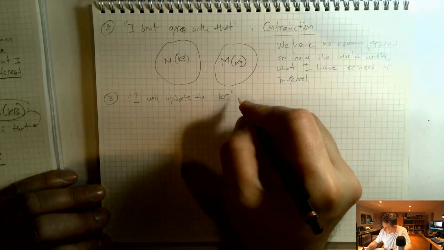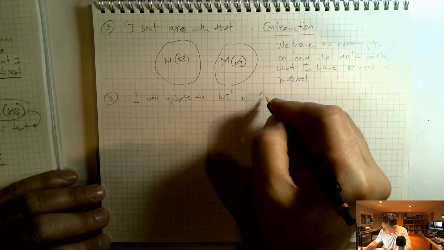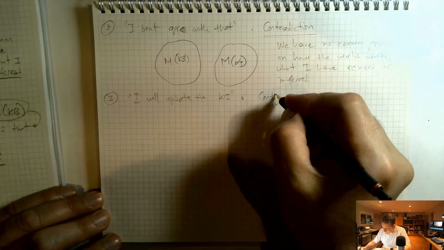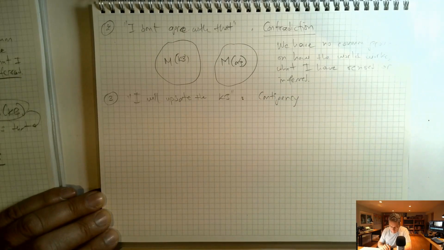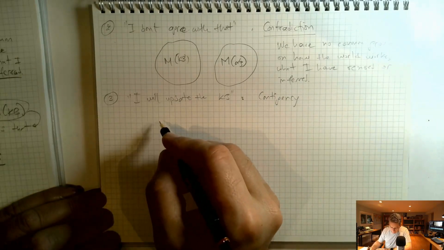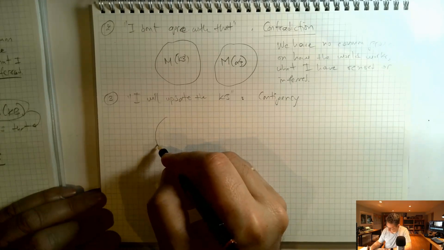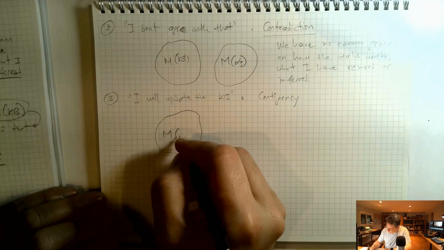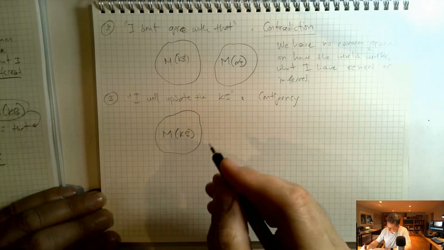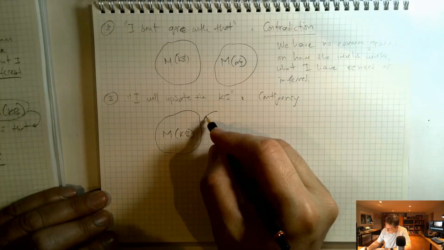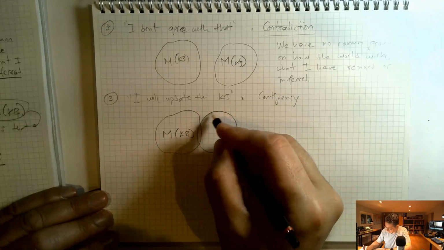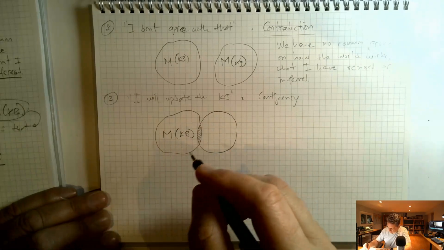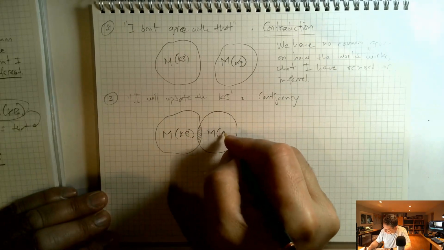And this is actually called contingency. Okay, so in this case, we have another Venn diagram. So we have here the set of models that satisfy the knowledge base. And when the sentence comes in, there is an intersection.